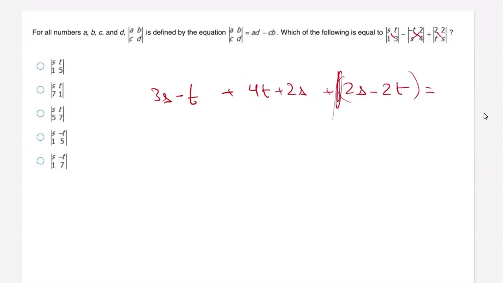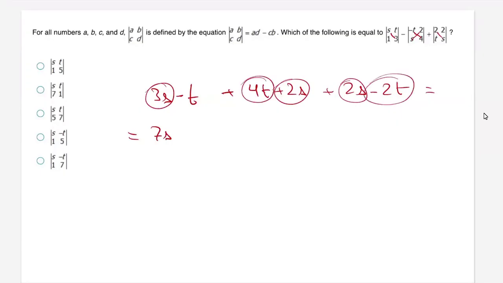Here plus didn't change anything. 3S, 5S, 7S. 4T minus 3T is T. Is that okay?